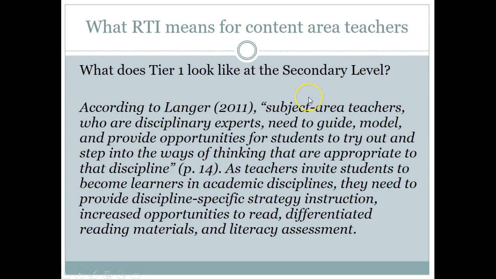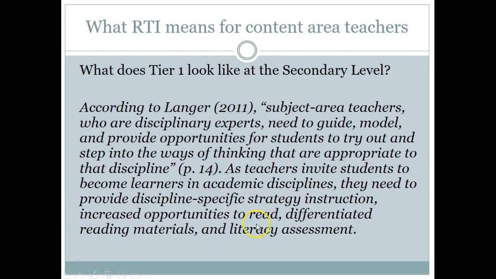So how does Tier 1 look? Well, subject area teachers who are experts in their disciplines need to guide and model and provide opportunities for students to try out the steps in the ways of thinking that are appropriate to that discipline. So they need to invite students to become learners in their specific discipline. They need to provide discipline-specific strategy instruction.